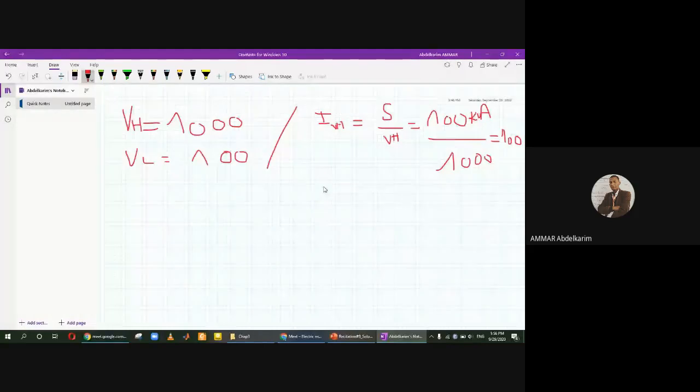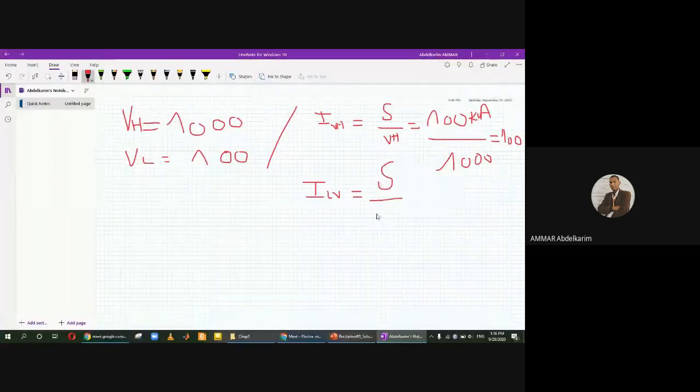While the current of the low voltage side equals S, the apparent power, over the voltage of the low voltage side. So it's 100 kVA over 100, which equals 1000.